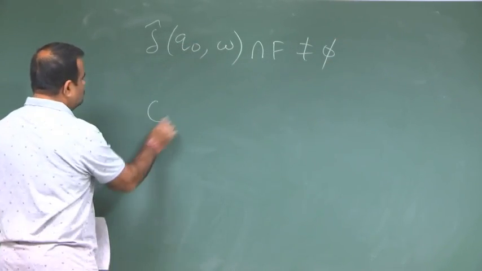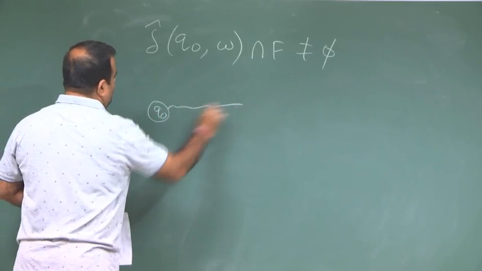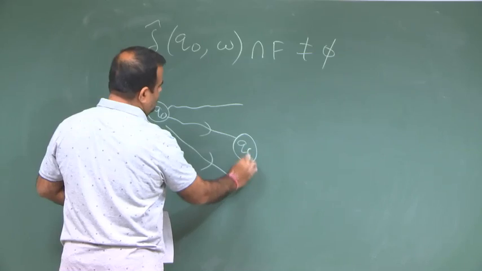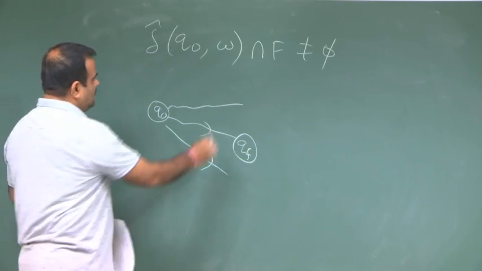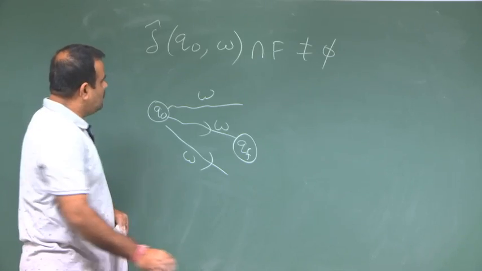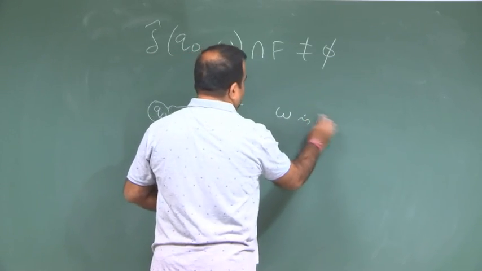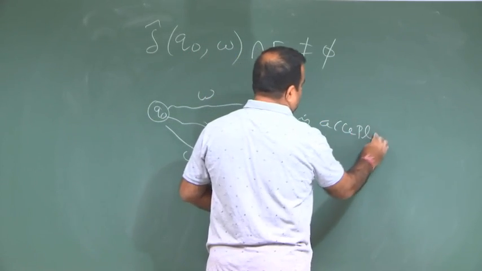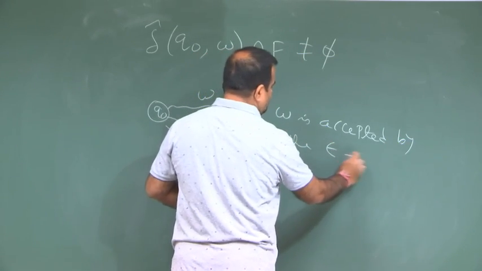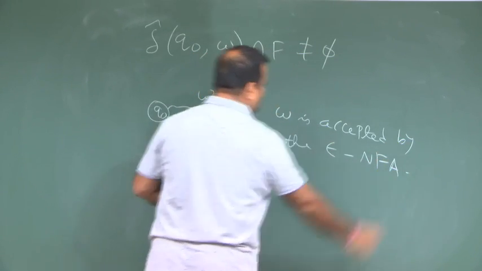That means from q 0 there will be many paths going, and if one of the paths reaches a final state, then for all such W's, we call W accepted by the epsilon NFA.